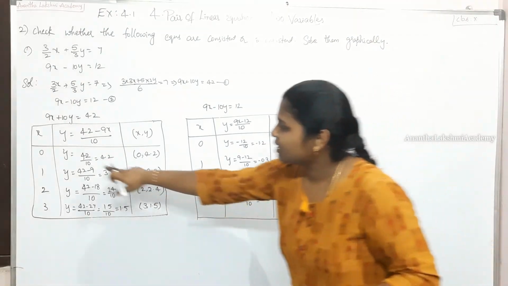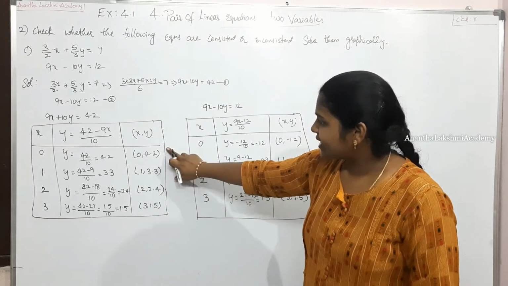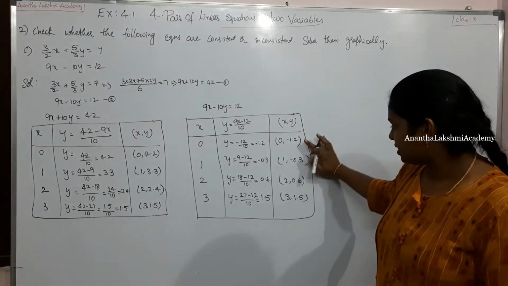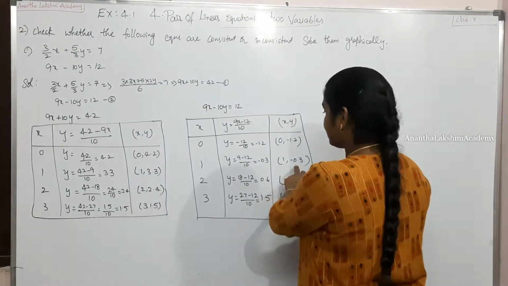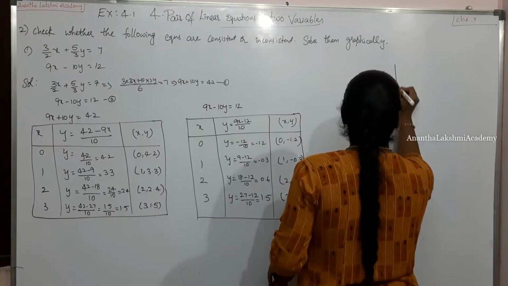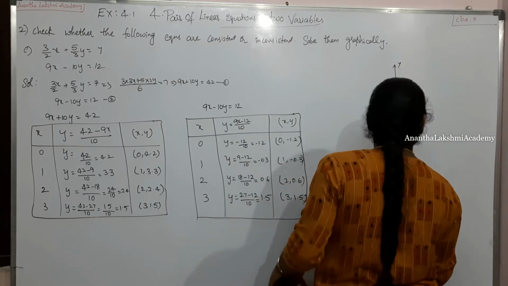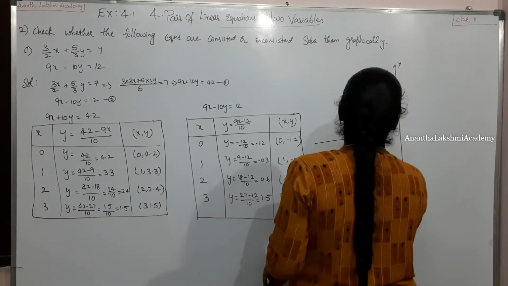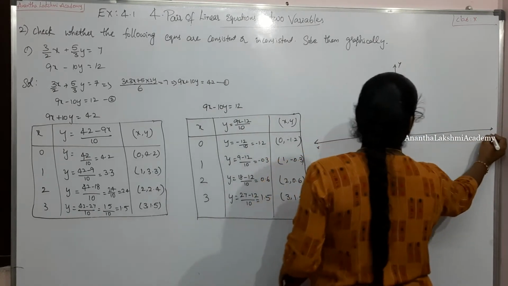So if you see, the values of x are 0 to 3 and the maximum value of y is 4.2 and minimum value is minus 0.3. This is going to be our y dash. This is going to be our x-axis, x dash.